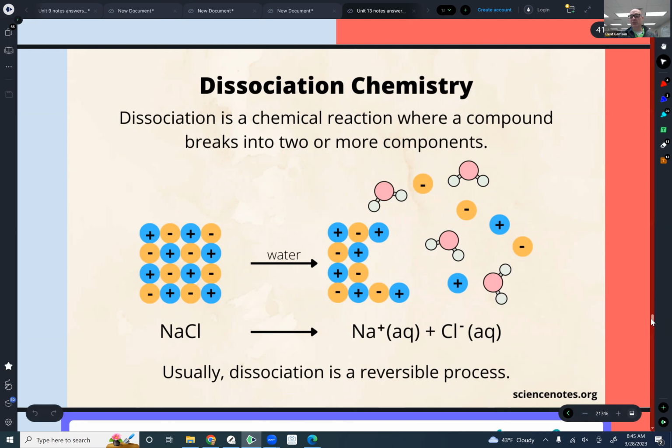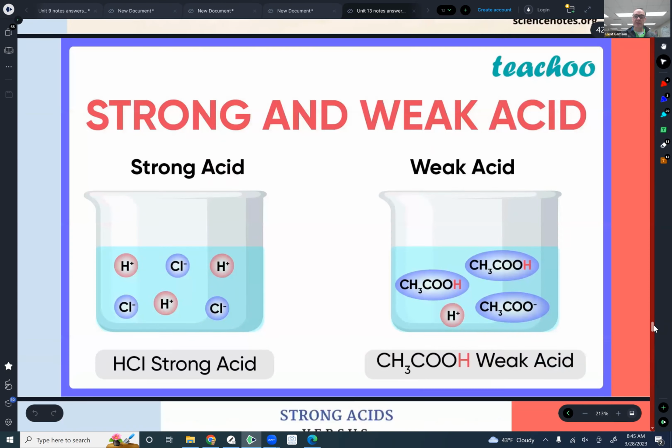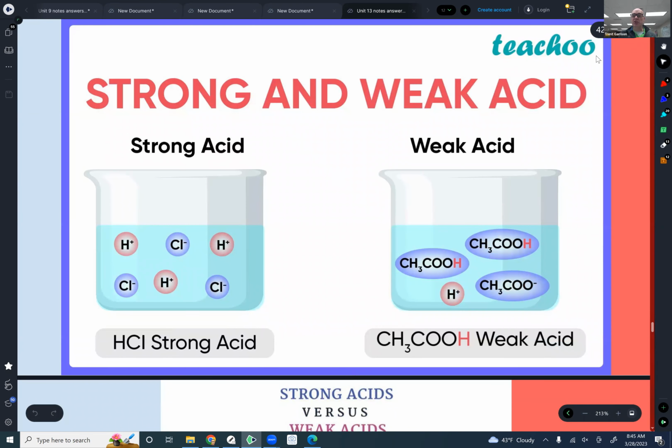How we differentiate some that do dissociate and some that don't is we're going to give it a relative term. It's either going to be a strong acid or a weak acid. Notice in the images, strong acids are defined as materials that dissociate from one another 100%. If I have 3 HCl particles, it is going to break apart into 3 H's and 3 chlorines.